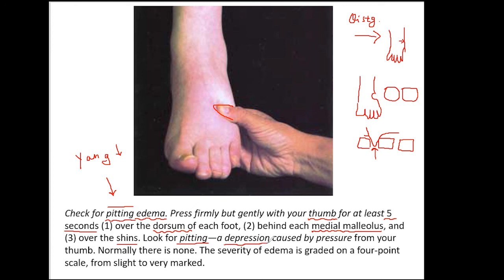After you remove your finger, you can still see a mark there from your thumb. Normally there should be no PT edema there. So that's how we're checking for edema, especially PT edema.